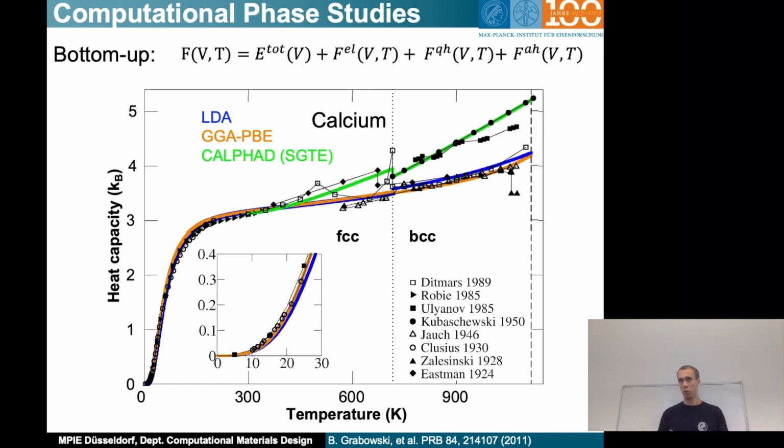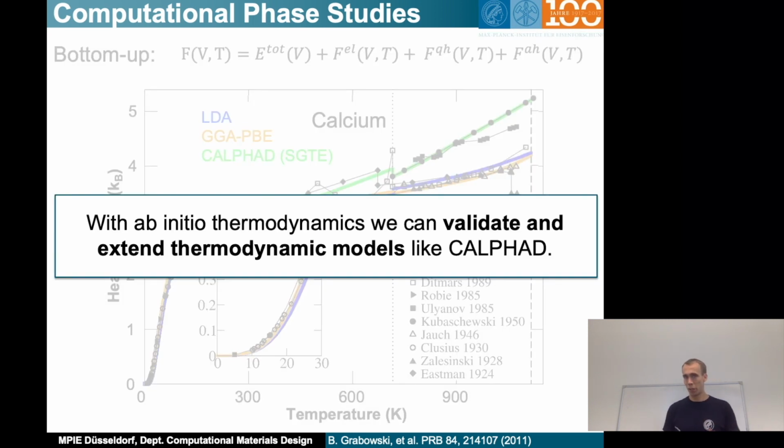And now we have a new tool by using ab initio calculations to really say, okay, no, the upper branch doesn't seem to be in agreement with theory, and we suggested they use the lower branch, and they updated the database after they saw our results. So we're quite proud of this, to really have this perfect alignment, and I guess it's really nice for me as a student to see, okay, I can not only validate experimental databases, but I can even extend the models and contribute to the overall process like this.